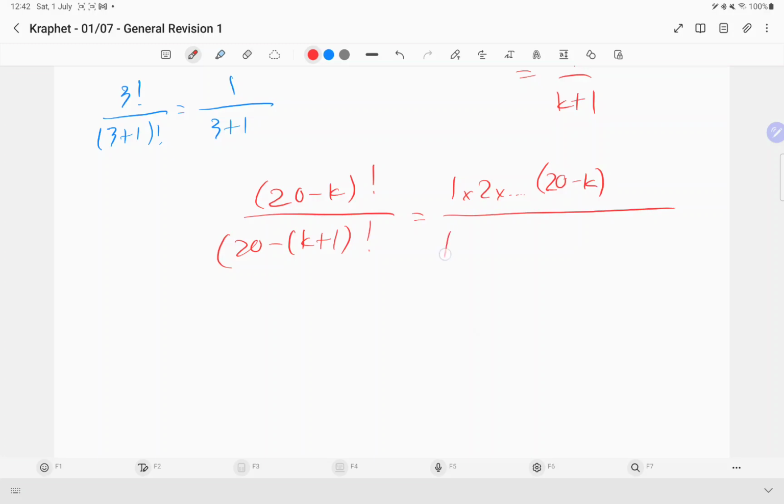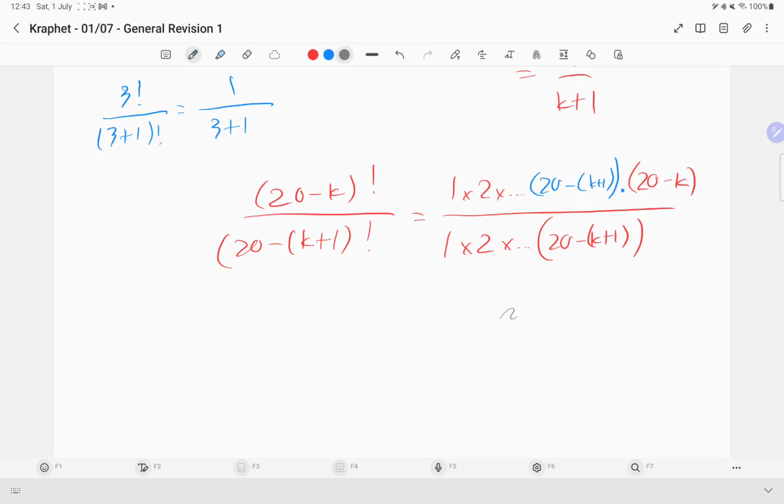Put it this way, k plus 1 is always more than k, which means the bottom will end first with 20 minus k plus 1. And then the top will have a factor before that, which is 20 minus k plus 1, because that's the factor before 20 minus k.